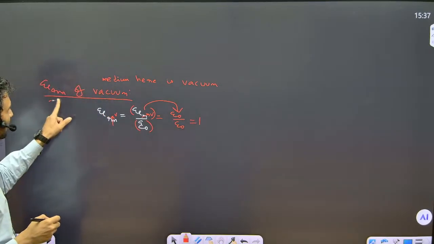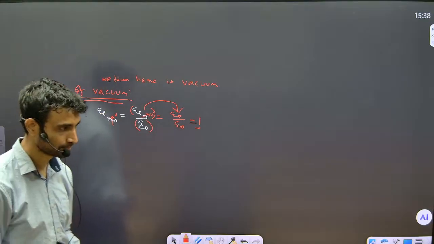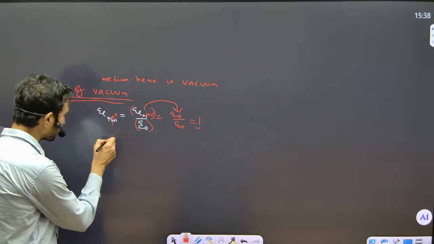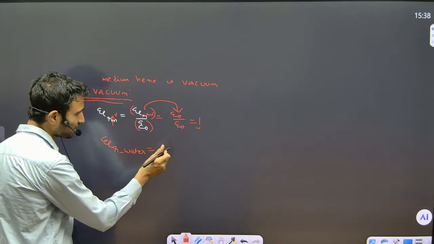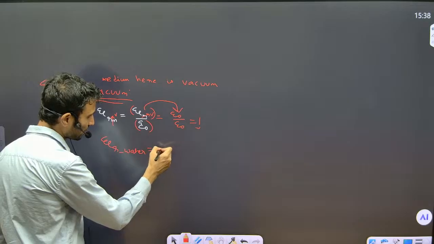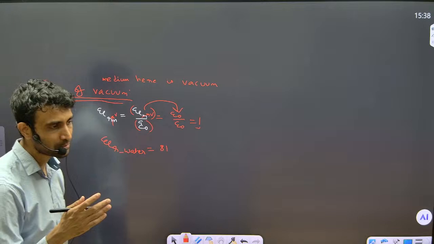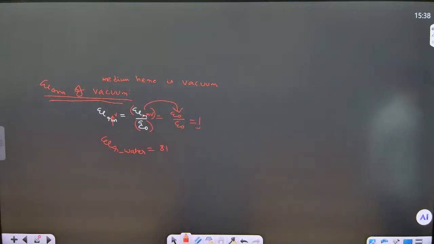So epsilon rm of vacuum is 1. Then similarly, epsilon r of water. Can you guess how much it is? For water it is 81. So different mediums have different values of epsilon rm. Take this down.